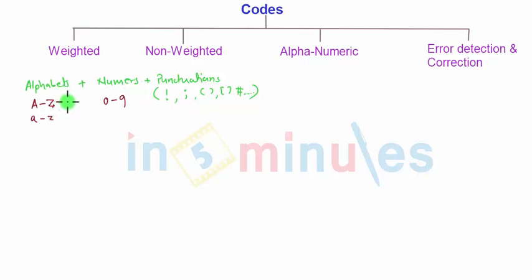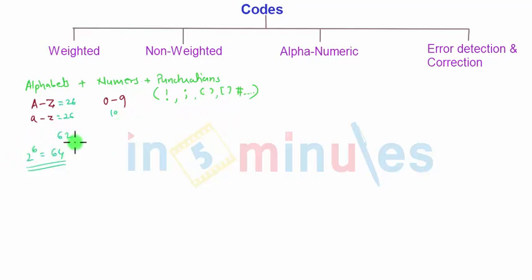Only for these, 26, 26 and 10, the number is 62. To represent 62 different characters we need a 6-bit code, therefore 2 raised to 6 is 64. So 64 combinations will be there, but we will not be able to represent all the punctuation marks, so just a 6-bit code is not sufficient.